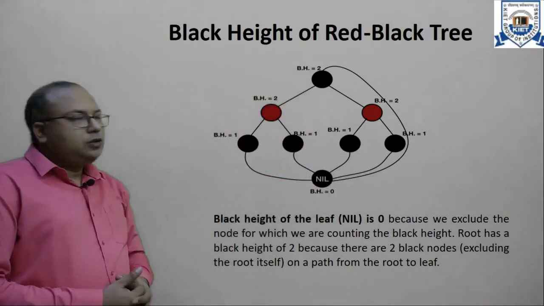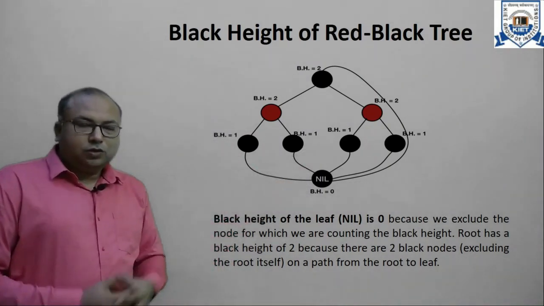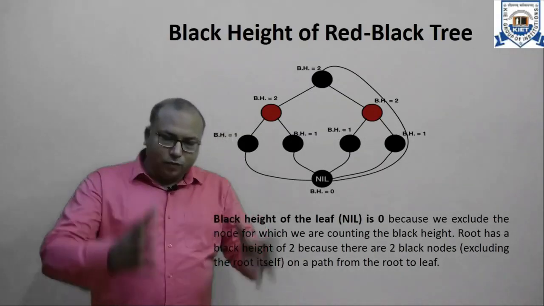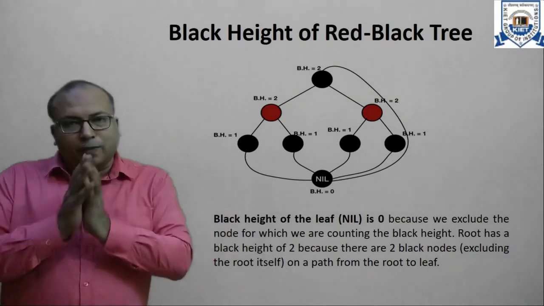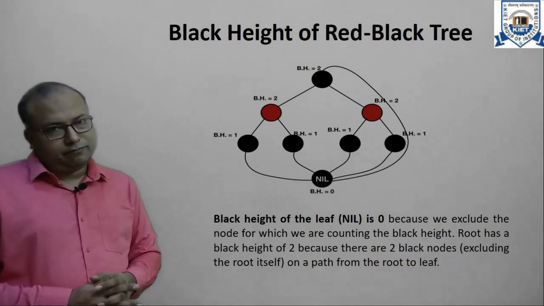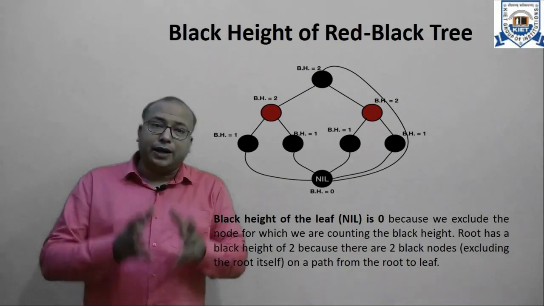Easily you can compute the black height of all the nodes. So what property number 5 says to you: if you are moving from the root to a descendant leaf along any simple path, the number of black nodes will remain the same. And this number of black nodes will be considered as the black height of that node.